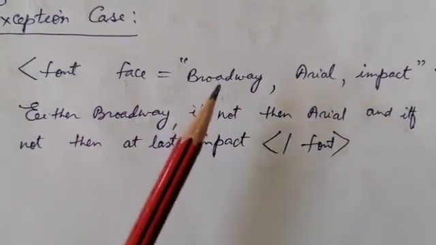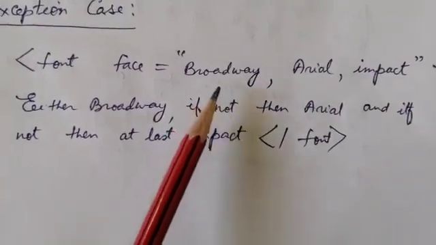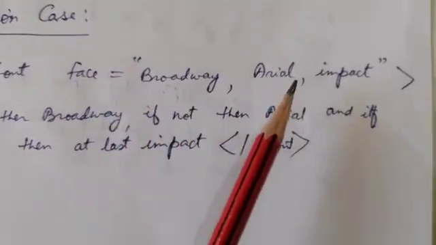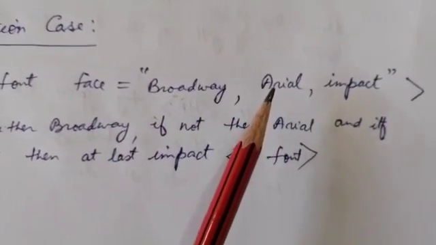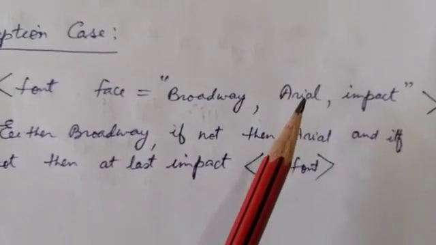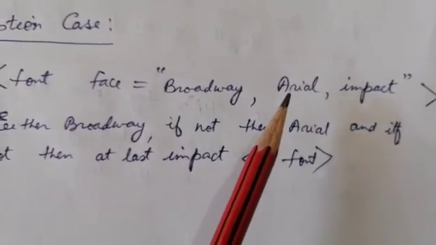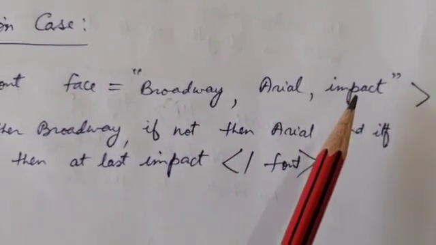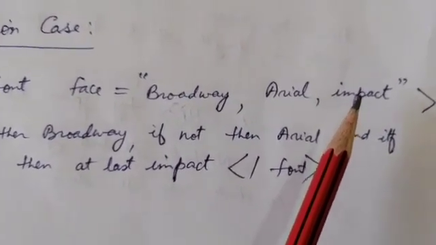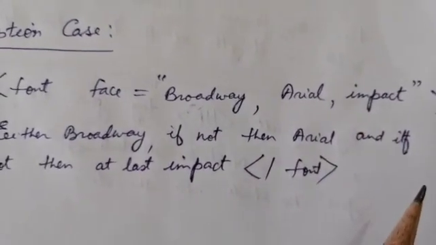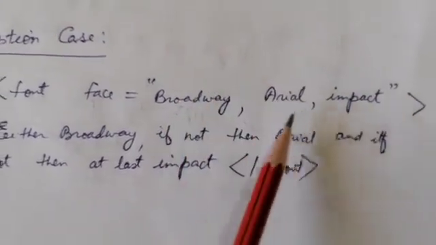It means the preferable font is Broadway, but if Broadway is not found on the server, then go with Arial, display it with Arial. And if Arial is also not there, then just show it as Impact font. So this also we can use.